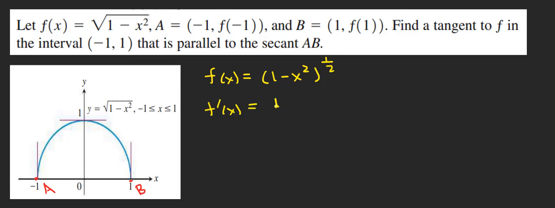That's going to be 1/2 quantity 1 minus x squared to the -1/2. Don't forget the chain rule. You got to take the derivative of the inside, which is -2x.